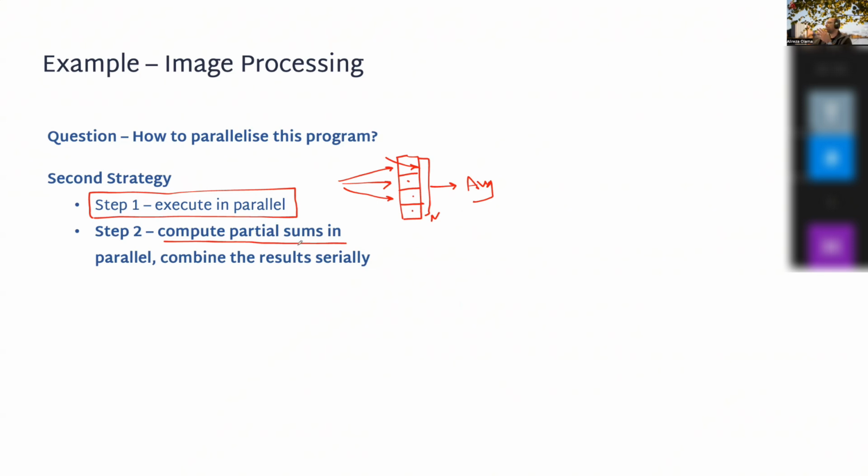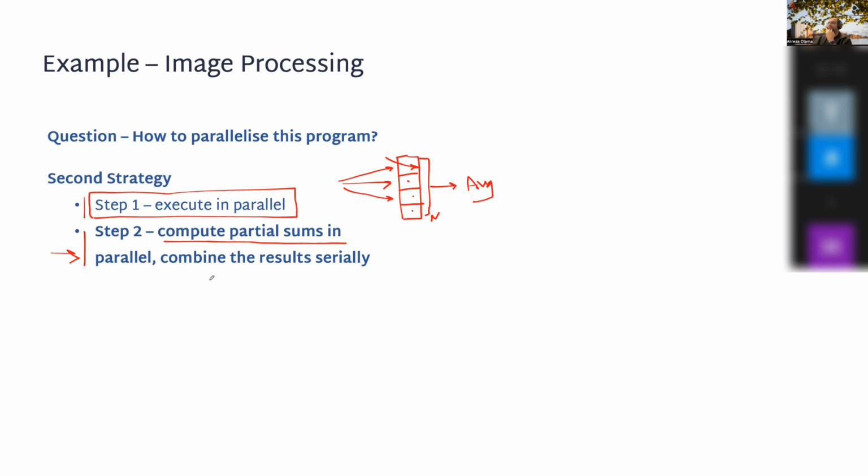So this is how we parallelize a simple averaging problem. In step one, we use n processors for data parallelism, and in step two, we compute these partial sums in parallel, and then we add them serially.